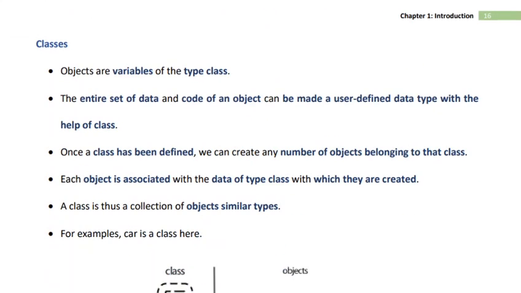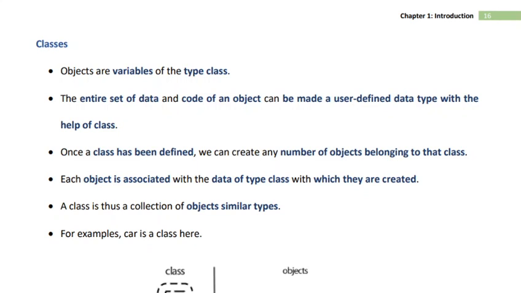Now let us try to understand another concept in object-oriented programming, that is called a class. A class defines the object in very simple terms, because a class is a mechanism for packaging the data and methods that belong to an object into a user-defined data type.